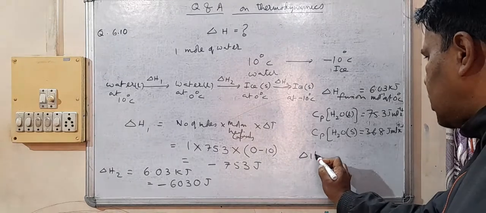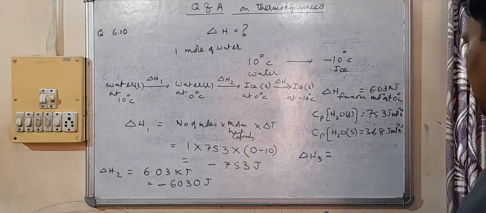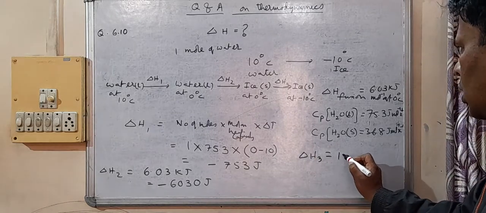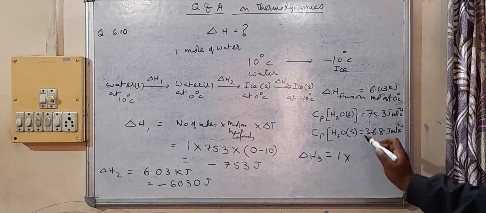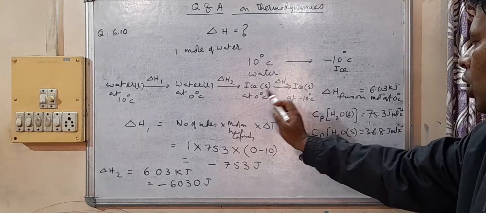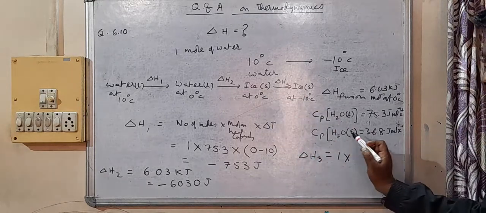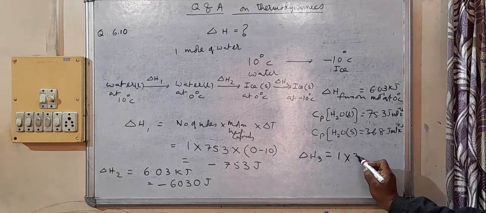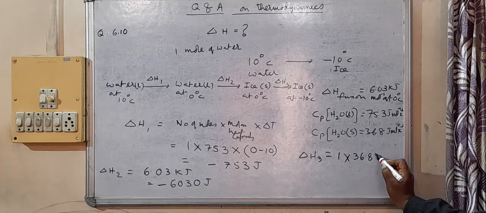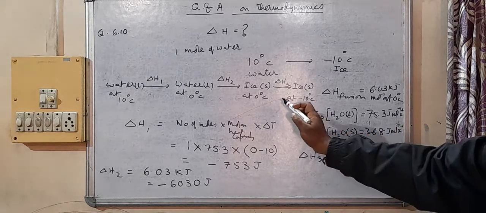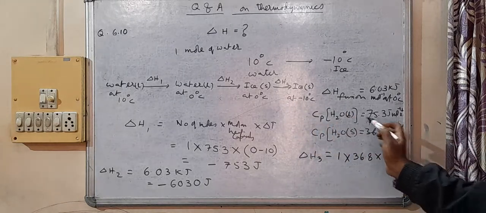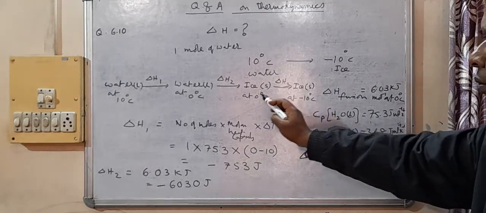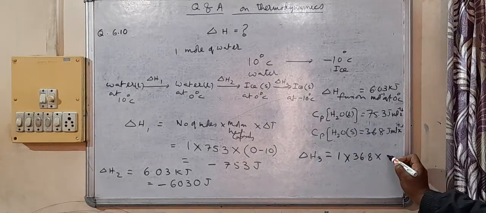Coming to delta H3, again we use this relation: number of moles 1 into molar heat capacity of solid ice, given as 36.8, into the change in temperature, which will be minus 10 minus 0, so minus 10.